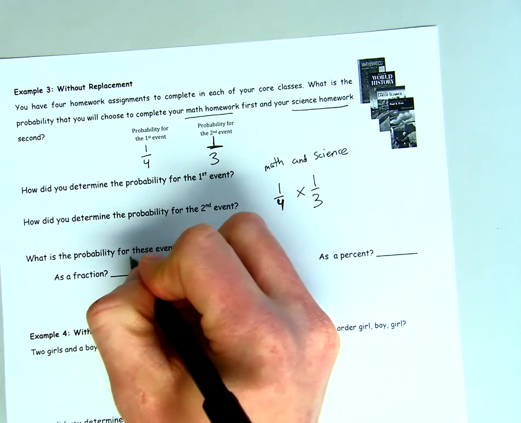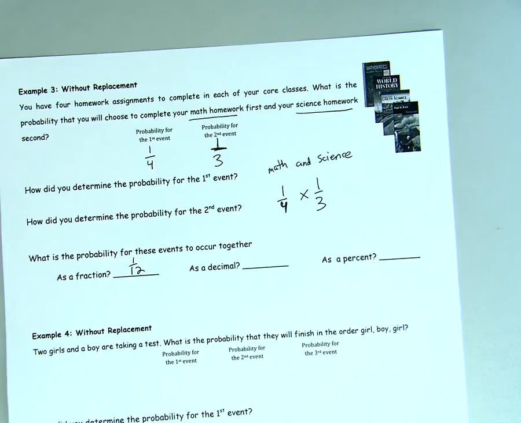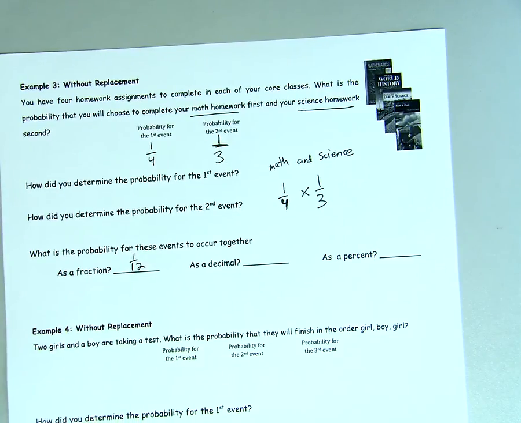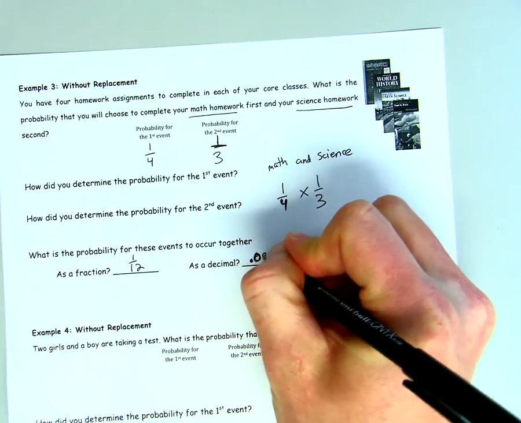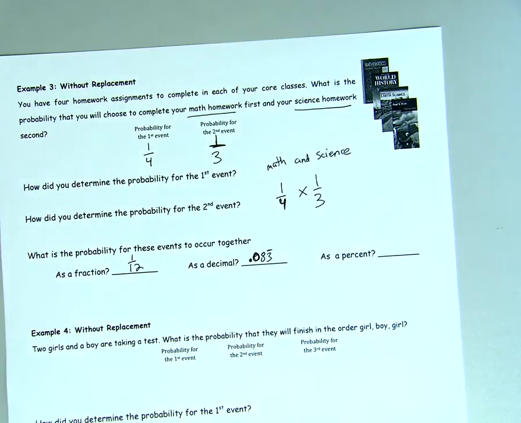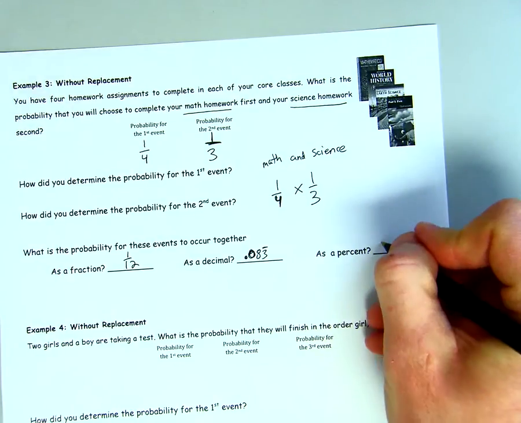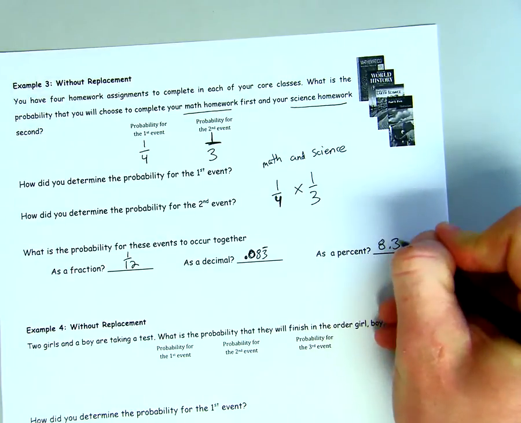So I have a fraction of 1/12. If I turn this into a decimal, I get an answer of 0.083 with my 3 repeating. And then if I turn it into a percent, I get 8.3%.